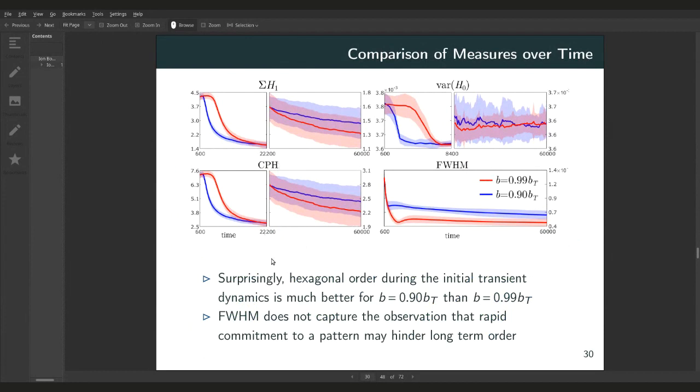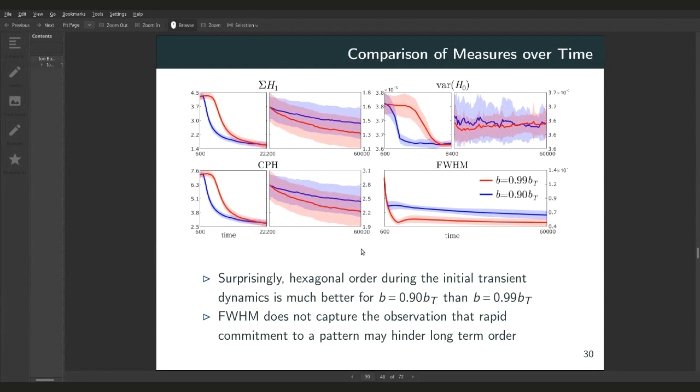And what we see here is that with the persistence measure, we pick up that the hexagonal order during the initial transient dynamic phase is much better for parameter values farther away from threshold than close to threshold. And this is actually not captured in the Fourier full width at half max. So this is capturing something that we notice by eye, but haven't been able to quantify with our standard techniques.